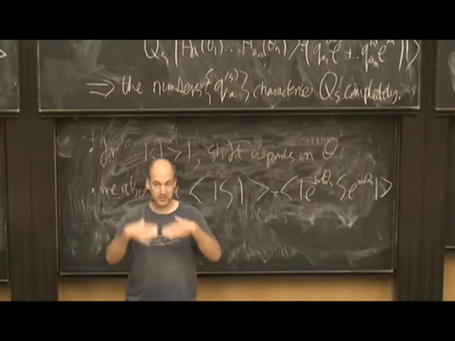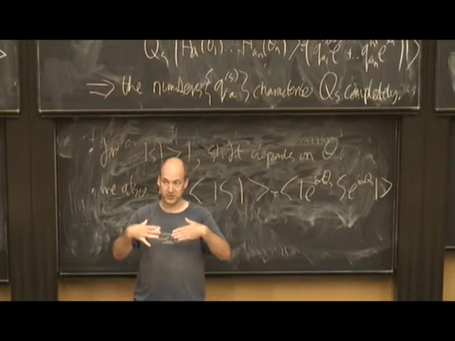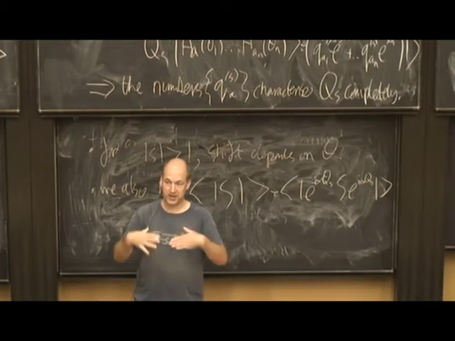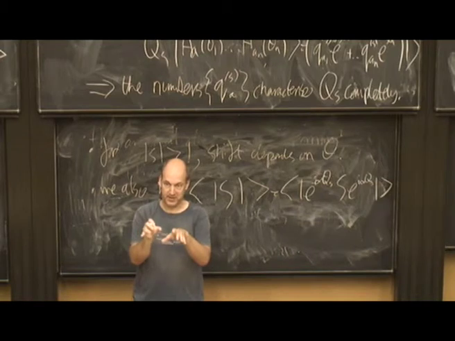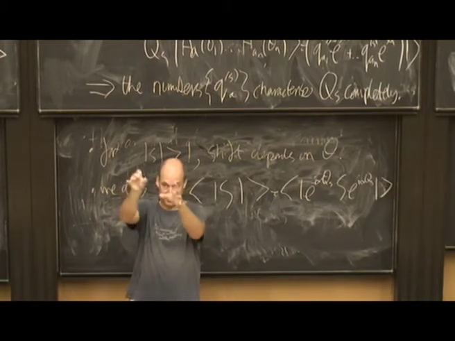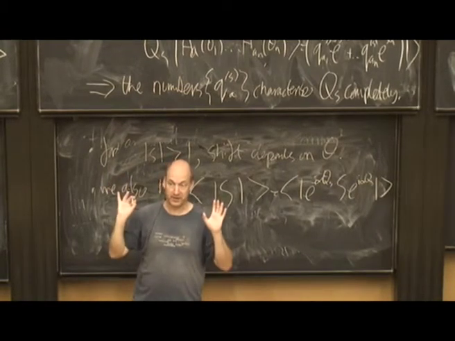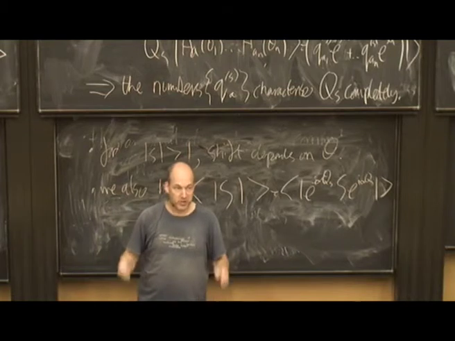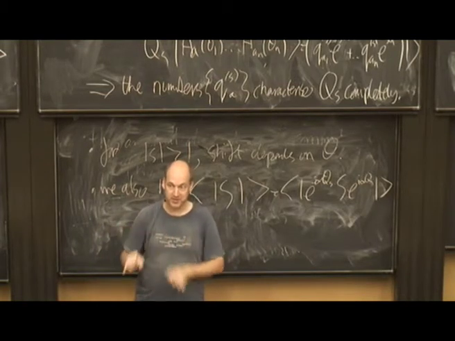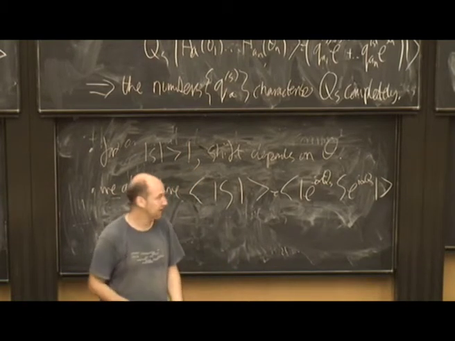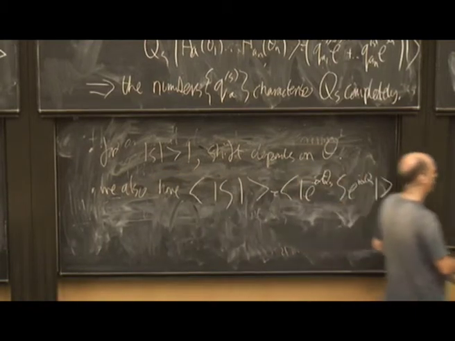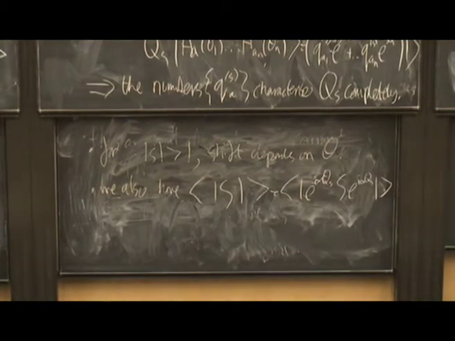So I can take my initial state with some particles heading towards each other, act with this operator to move stuff around a bit, then let the moved-around things interact, and then undo that shifting around. And I should get the same answer as if I'd left the whole thing alone. So I can rearrange the initial configuration of particles coming towards each other in any way I like, using these e to the i alpha Q_s.